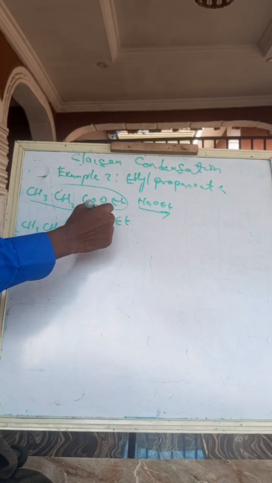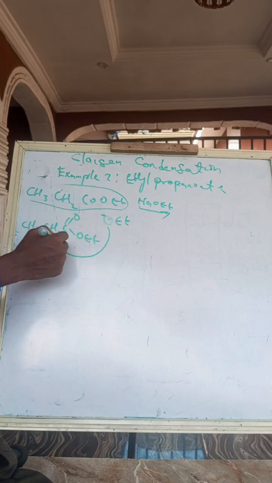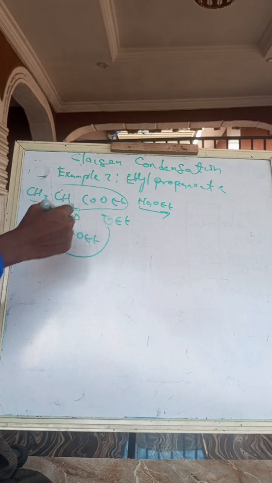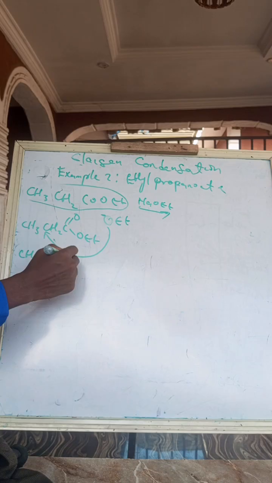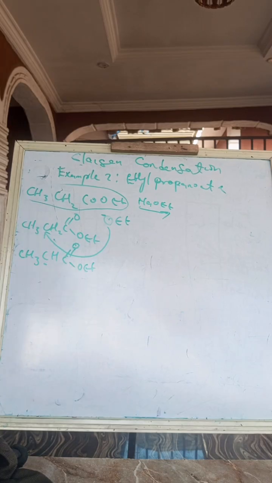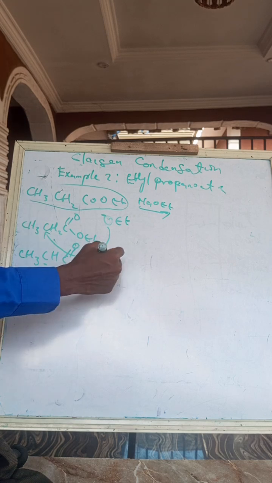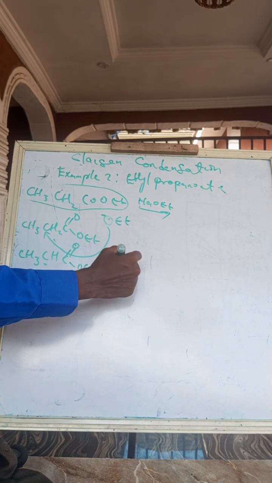This base will definitely attack our alpha hydrogen, leading to the formation of this. You can see we only make use of one reactant. At this point we've already formed our enolate. So we introduce the same reactant into the equation.